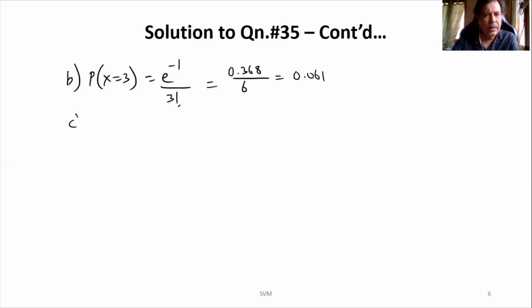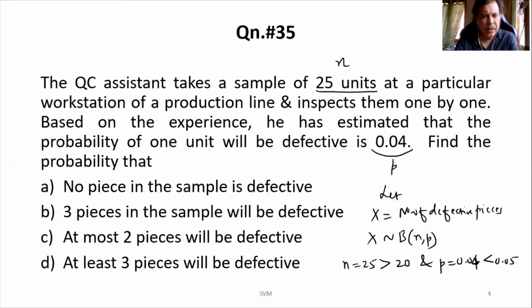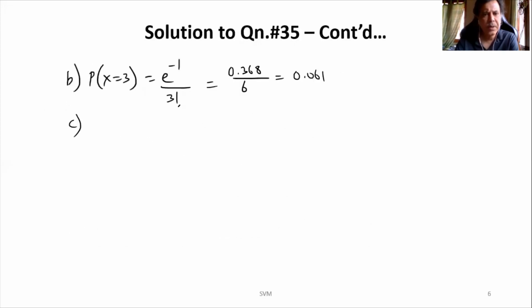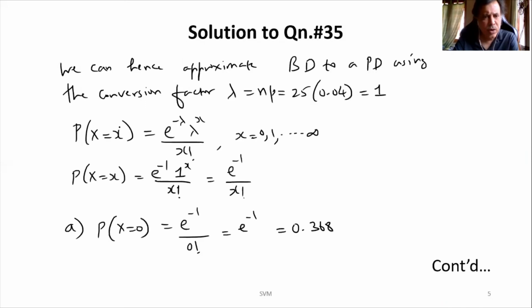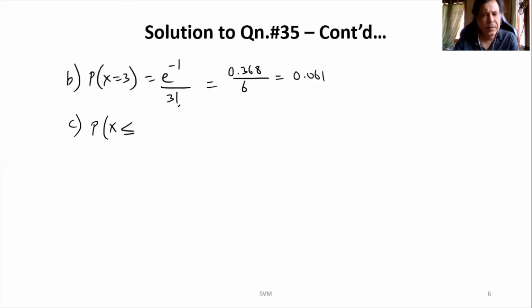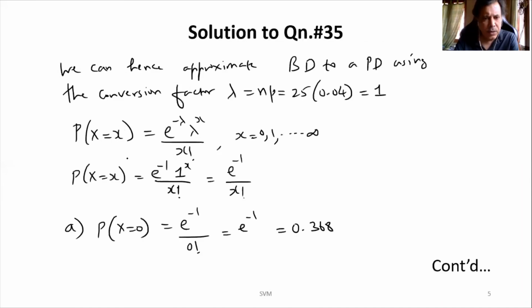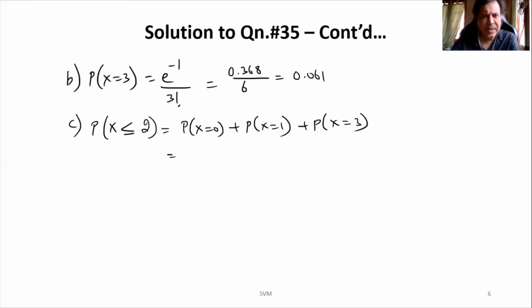Then question C. At most 2 pieces means maximum 2 pieces will be defective, so probability of x less than or equal to 2. That can be written as probability of x is equal to 0, x is equal to 1, and x is equal to 2. For x is equal to 0, we already did 0.368.